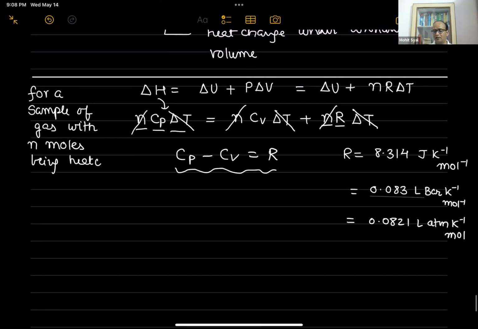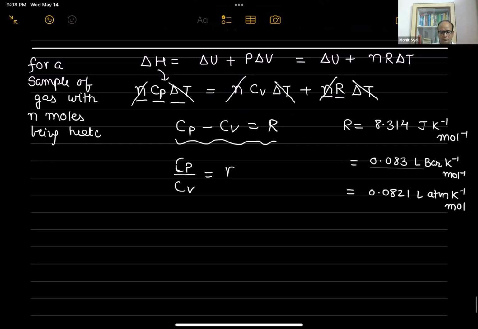There is one more relationship. These things you should remember because they will be useful in your physics also. Cp by Cv, the ratio of molar heat capacity, meaning whatever heat is required by 1 mole of gas for 1 degree rise, is equal to gamma.